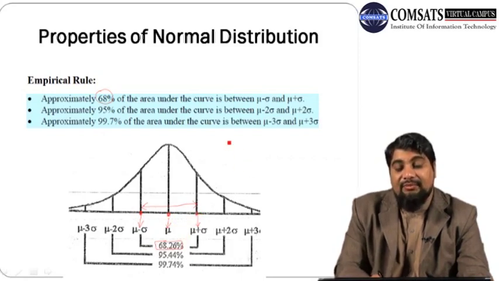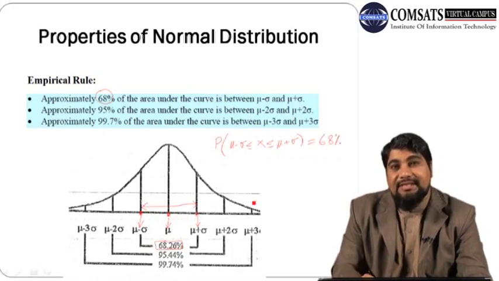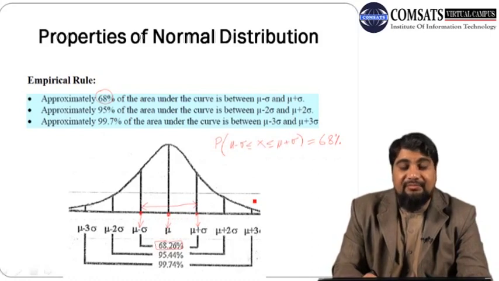So symbolically we write it as probability that mu minus sigma is less than or equal to x, which is less than or equal to mu plus sigma. So this probability is approximately equal to 68%.